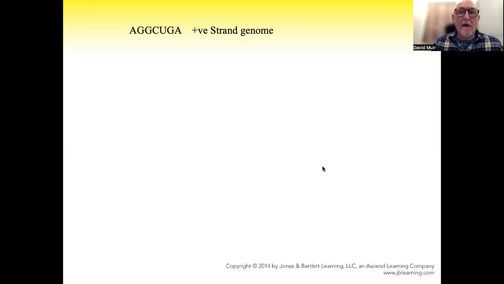So here's how it works. We're going to first think about a positive strand genome. This is a single strand RNA, and I've just given you a little short bit here. From this, we can transcribe it, so that here we have, just by matching base pairs, A, U, G, C, G, C, C, G, A, C, U. And this is a negative strand.